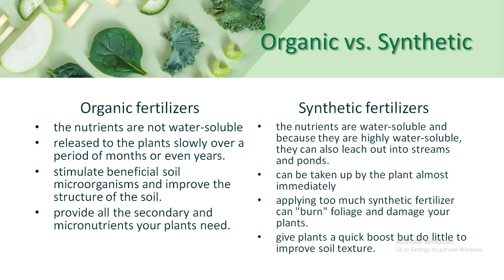Applying too much synthetic fertilizer can burn foliage and damage your plants. You cannot use too much synthetic fertilizer. There is a proper way and proper concentration of these synthetic fertilizers which you can use on your crops and fields. Otherwise they can burn the foliage. Foliage means the leaves. They give plants a quick boost but do little to improve soil texture.